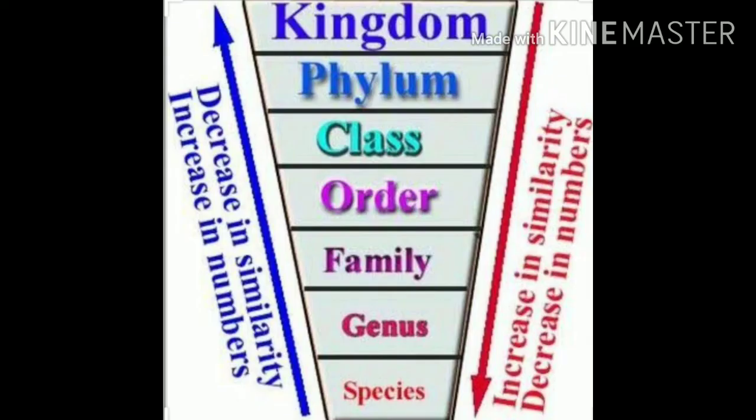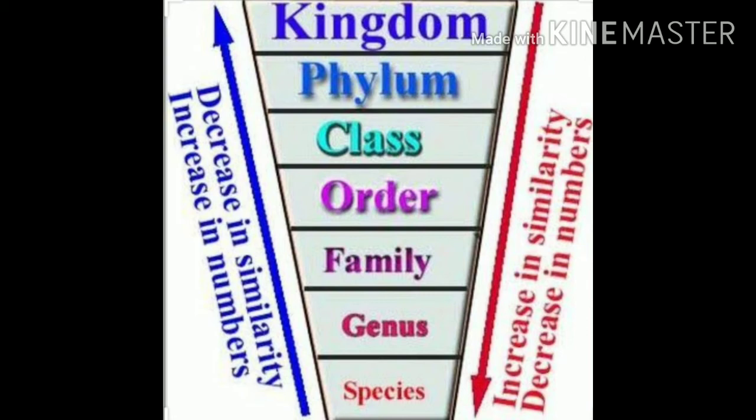This was the general plan of his classification. He first divided the living world into two kingdoms, either kingdom Plantae or kingdom Animalia. Now, based on their common characteristics, the organisms of that particular kingdom were further divided into phylum.